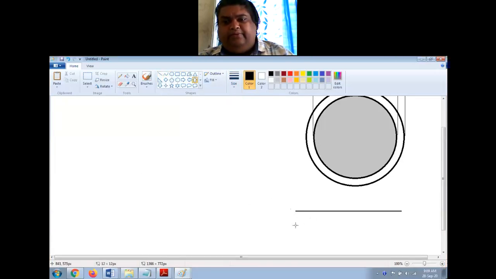And I will be having two supports like this, and on the entire length of this pipe there will be load due to the pipe self weight and the oil present in this. So I will just show this as a rectangle. I am drawing the cross section.